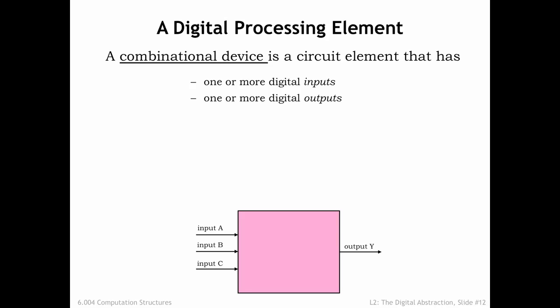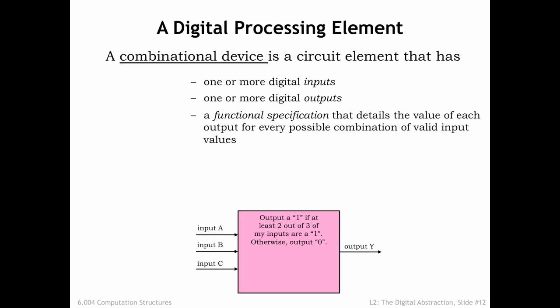With these 2 criteria, we should be able to hook the output of one combinational device to the input of another and expect the signals passing between them to be interpreted correctly as 0s and 1s. Next, a combinational device is required to have a functional specification that details the value of each output for every possible combination of digital values on the inputs.